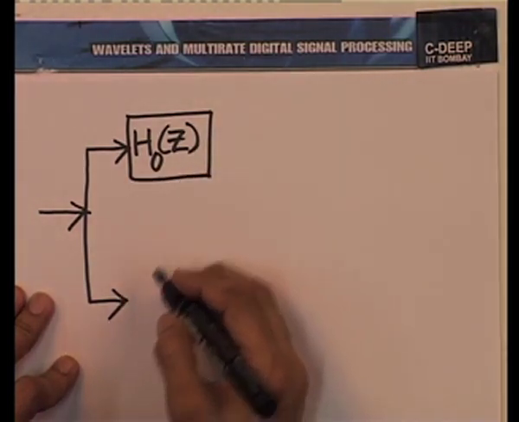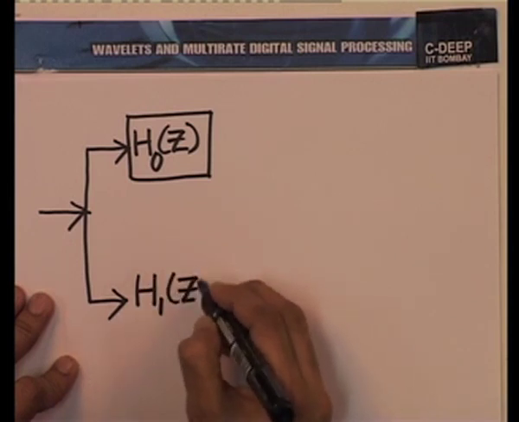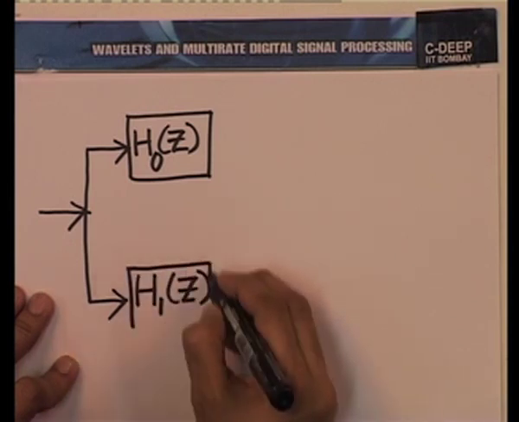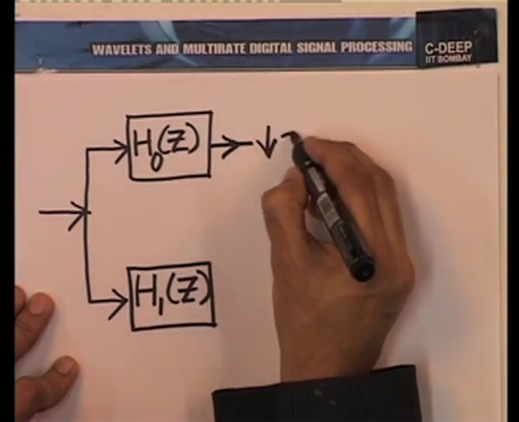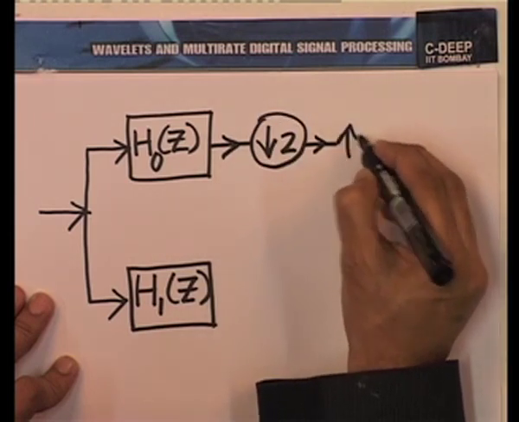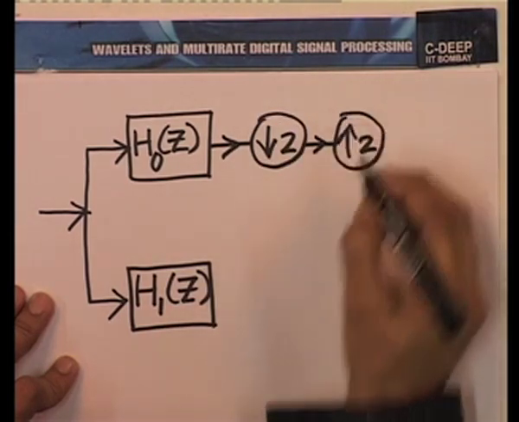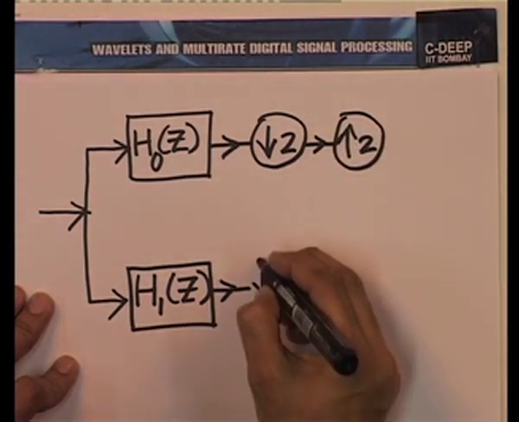Now, remember that H0 was a low pass filter, H1 a high pass filter. It is helpful to get this structure firmly embedded in our consciousness.